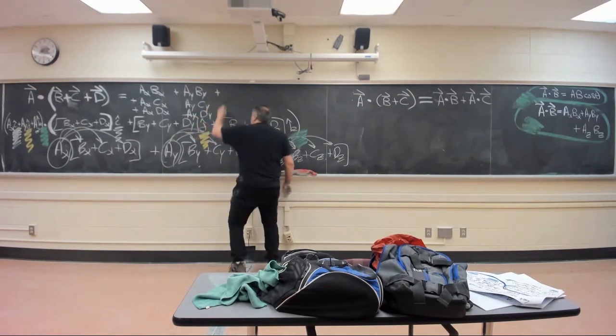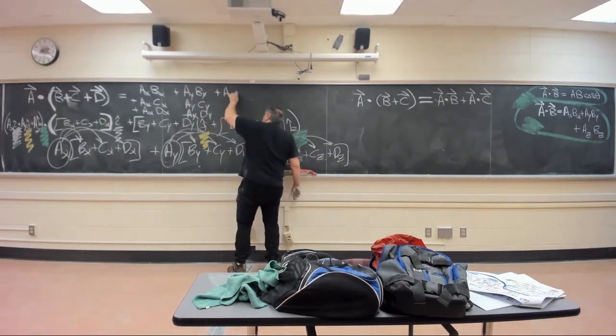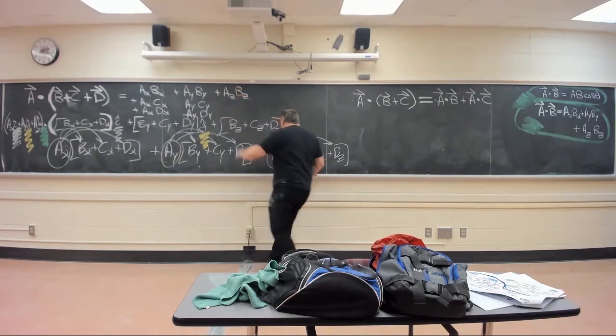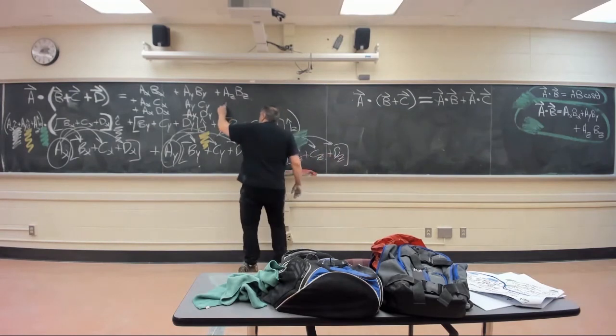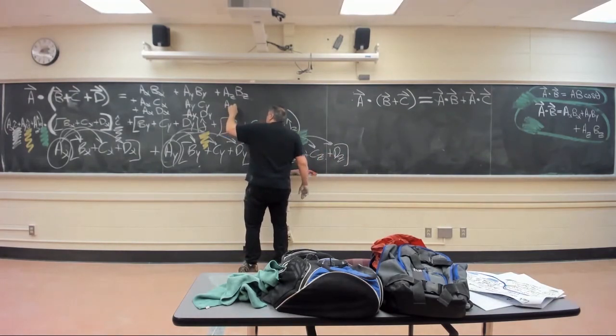Then you're going to have AZ BZ, AZ CZ, and AZ DZ. They're all added.